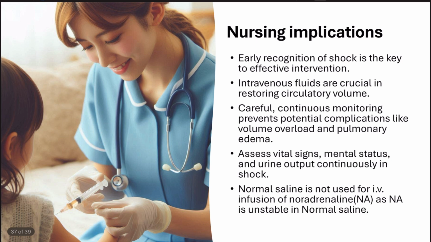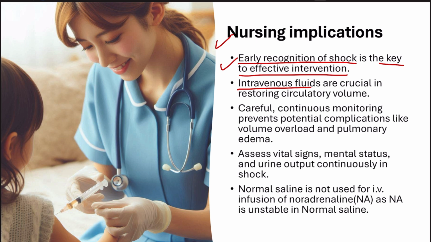Now, finally coming to the nursing implications of this topic, that is basically the treatment of shock and the plasma expanders and intravenous fluids. Early recognition of shock is very important, and it is key to effective intervention for the management of shock.